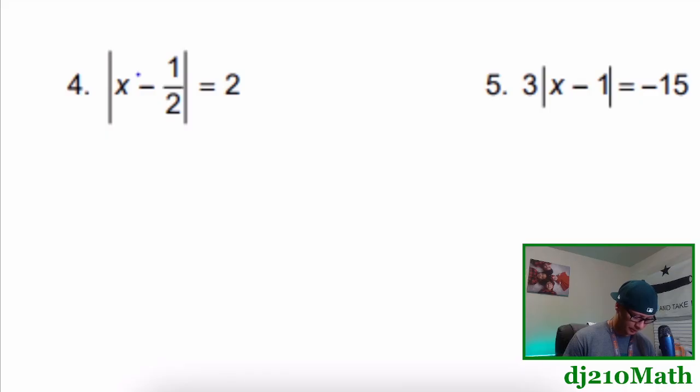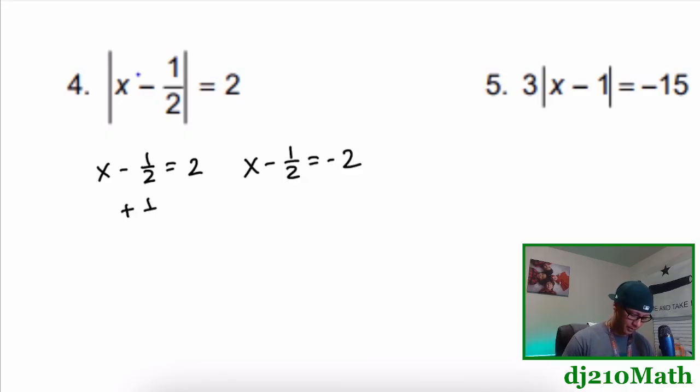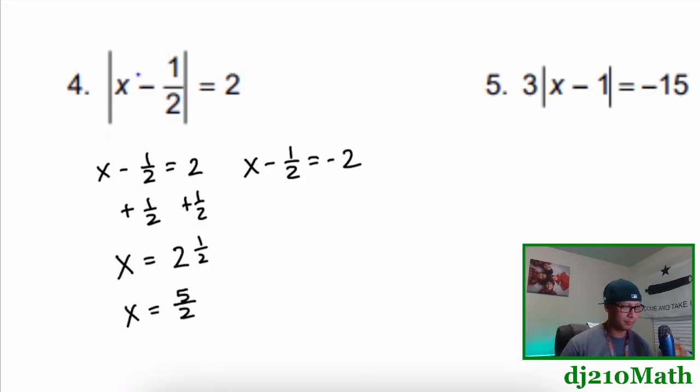So x minus 1/2 is equal to positive 2, and x minus 1/2 is equal to negative 2. Add 1/2 to both sides. So x is equal to 2 and 1/2, which is x equal to 5 over 2.